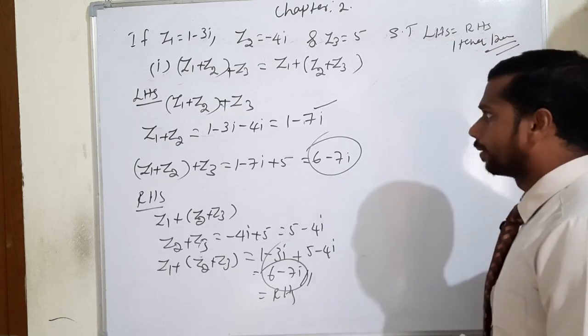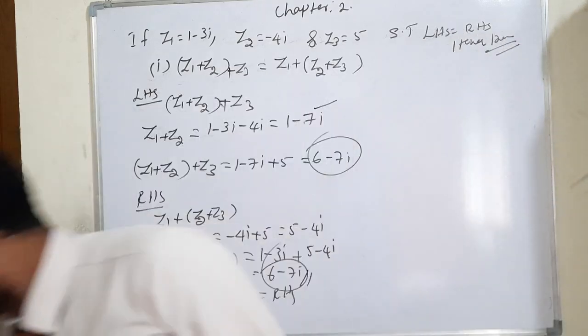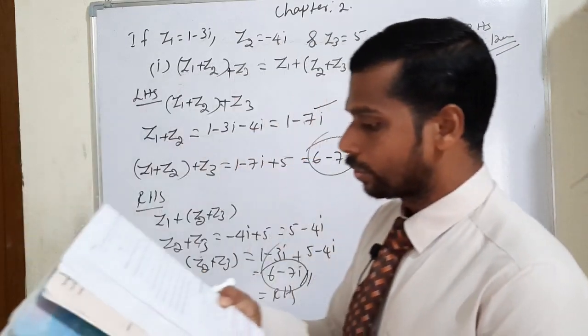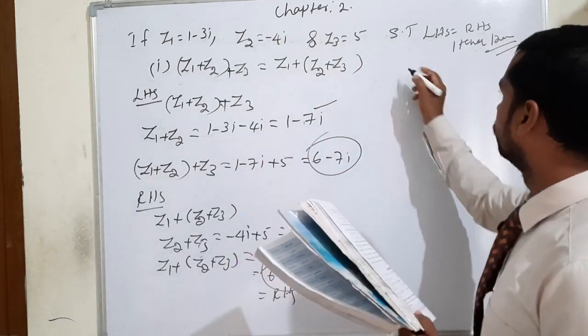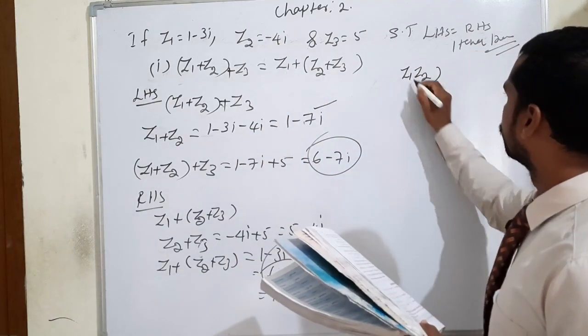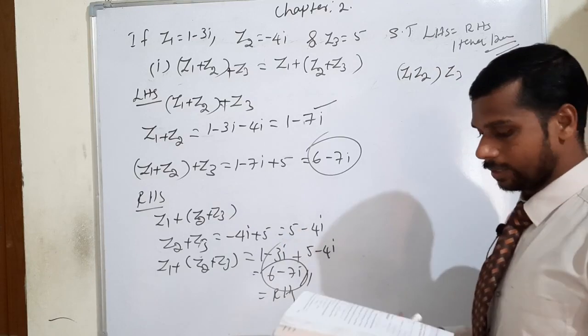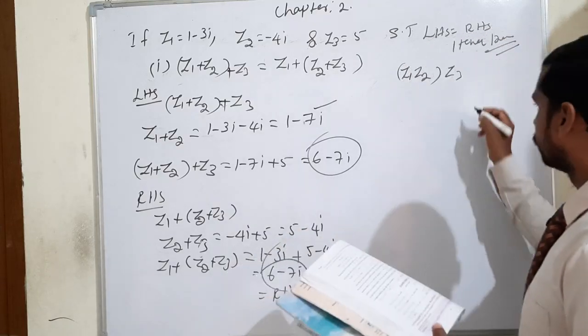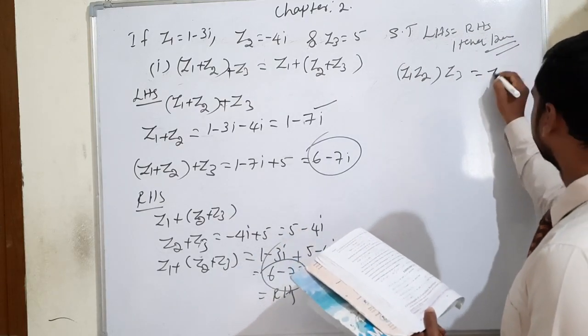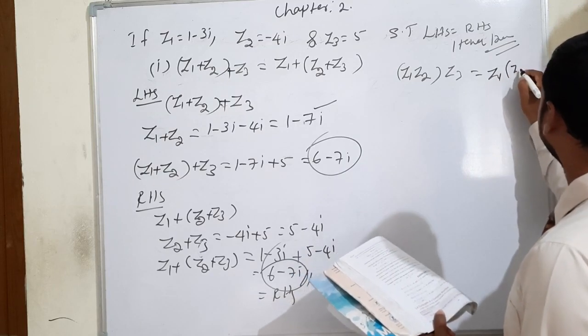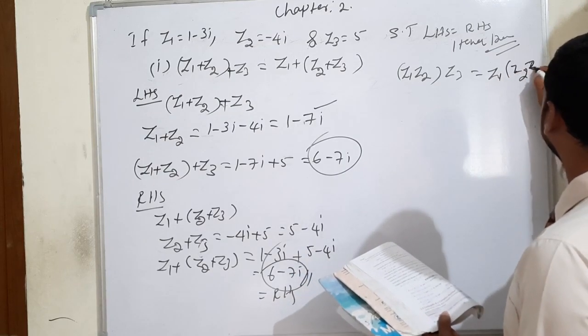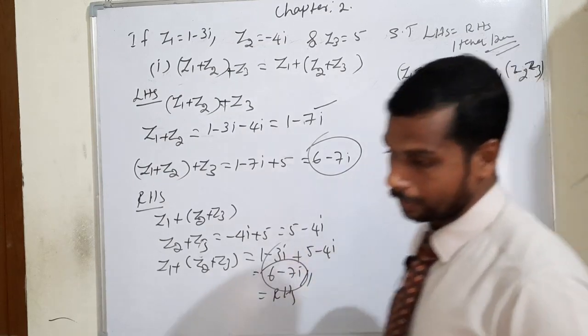First condition is clear. Moving to the second one, question number 1, subdivision 2. What is the question? z1 into z2, then z3, is equal to z1, z2, z3.